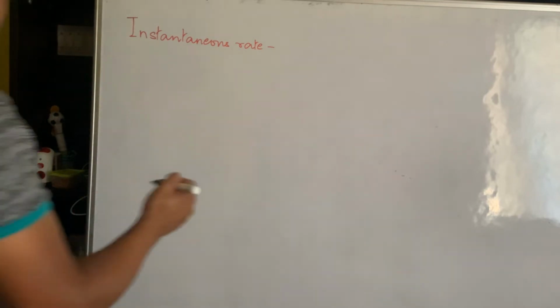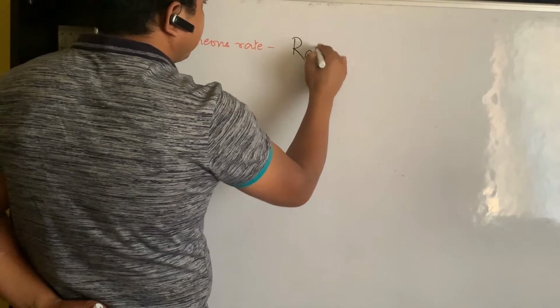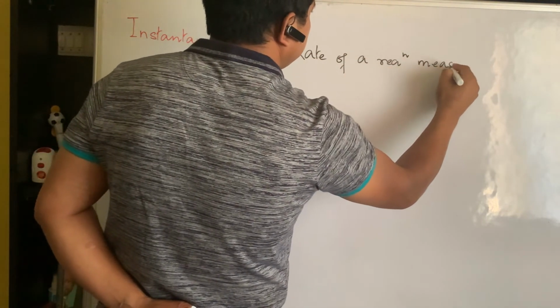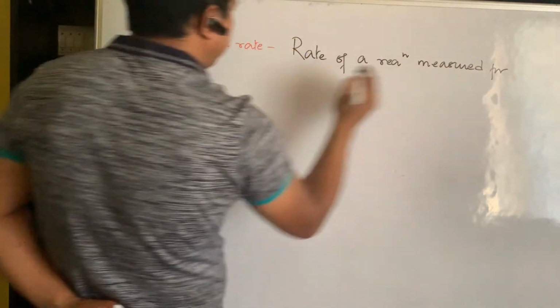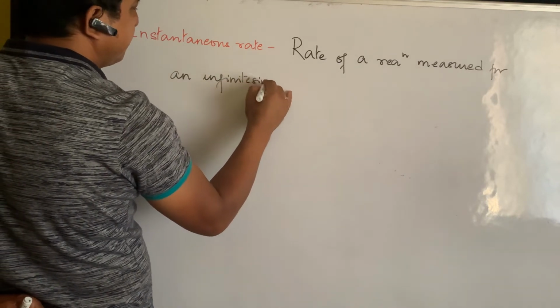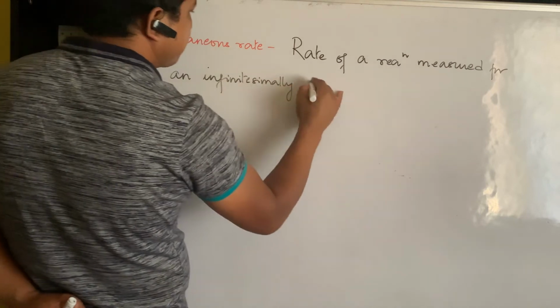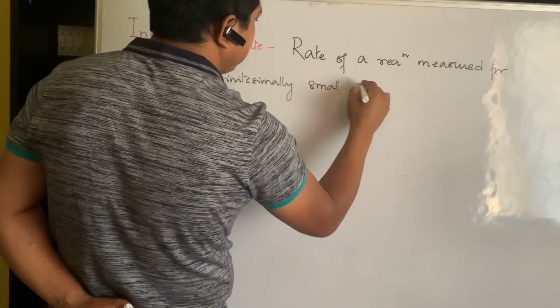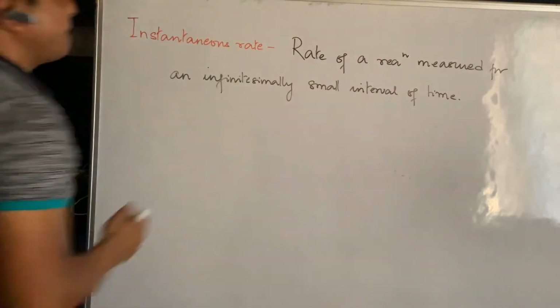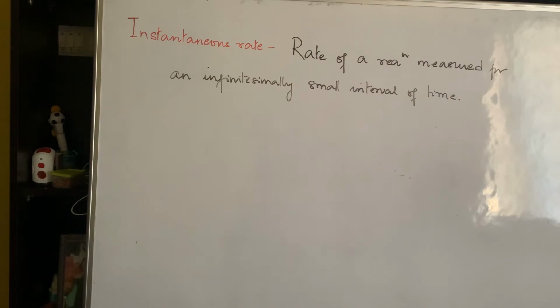The rate of a reaction measured for an infinitesimally small interval of time. The rate of a reaction measured for a very infinitesimally small time interval is known as an instantaneous rate.